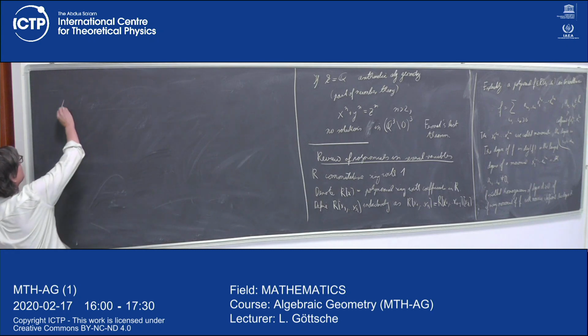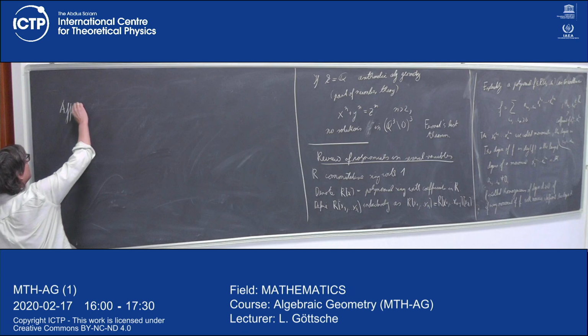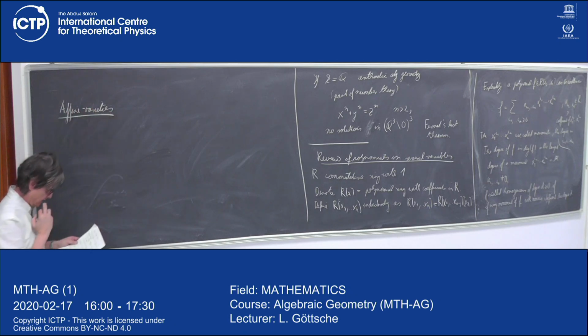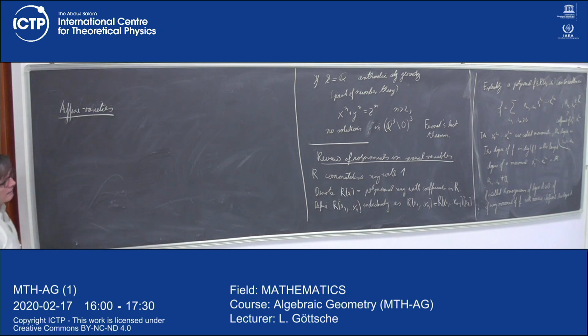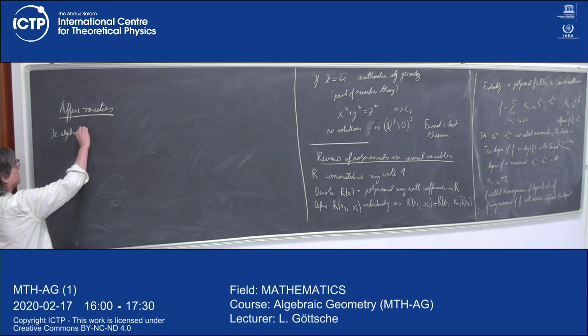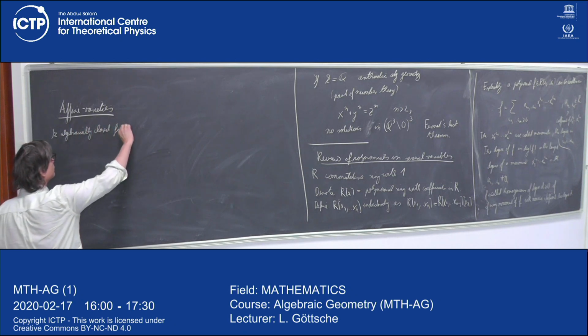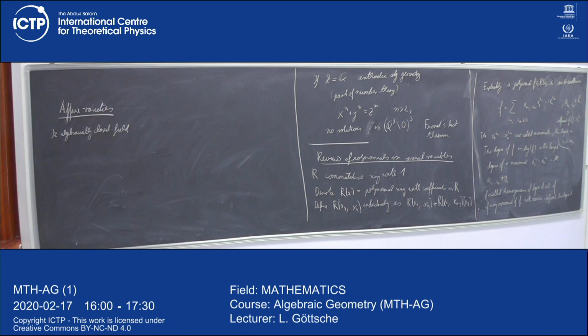So let's look at affine varieties. As I kind of said, we will always assume that K is an algebraically closed field. Maybe sometimes we will assume it's characteristic 0, but not for now.